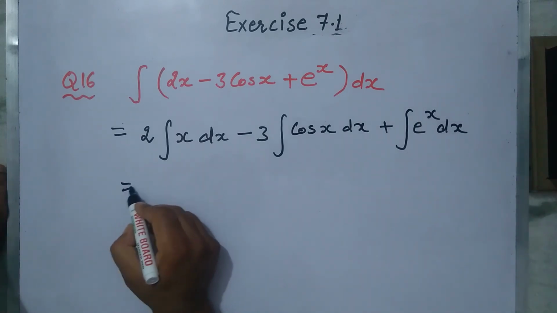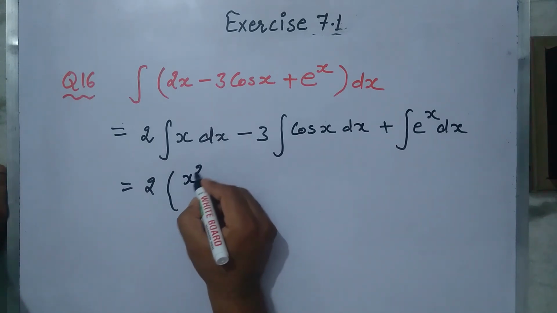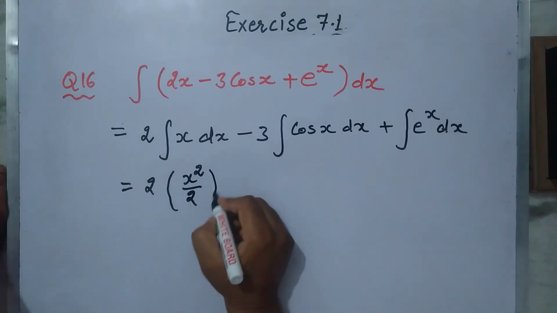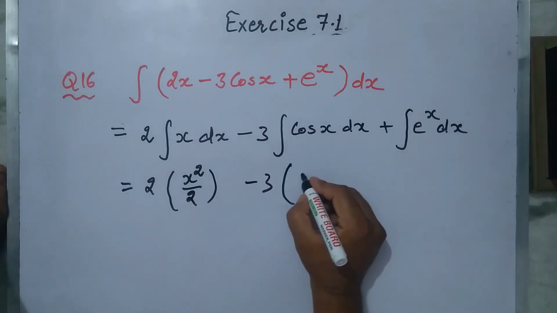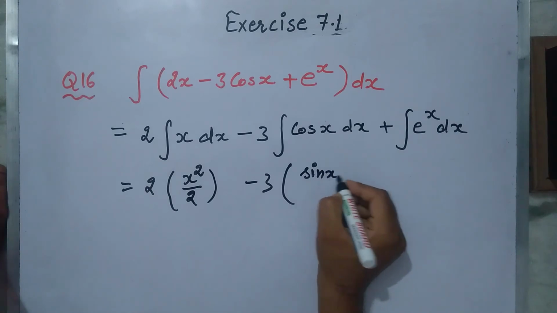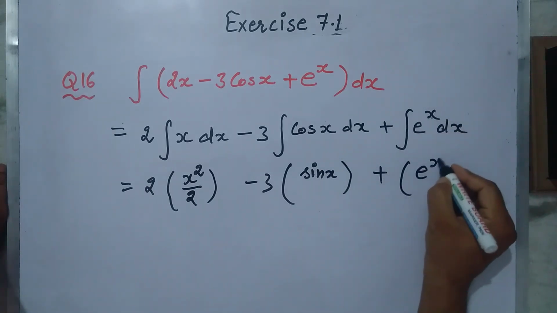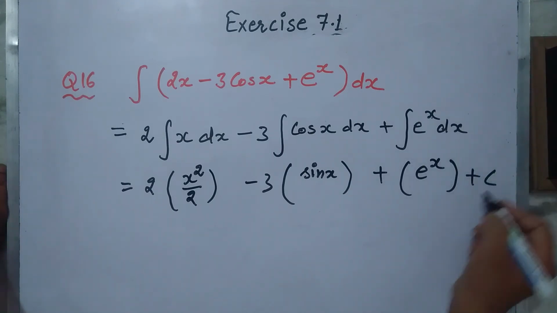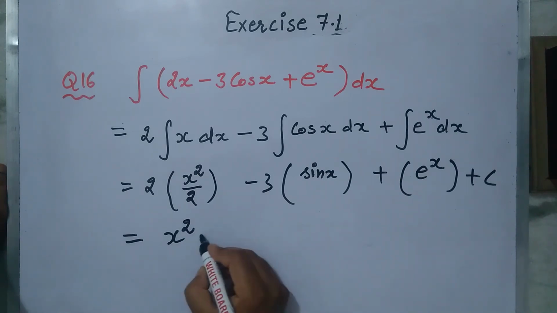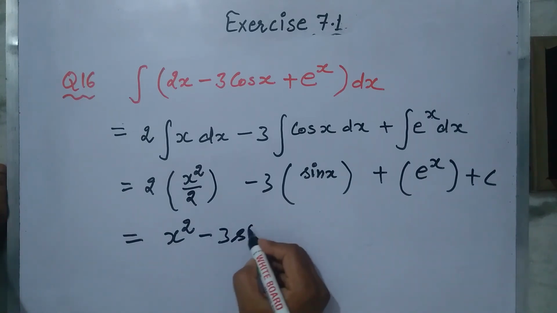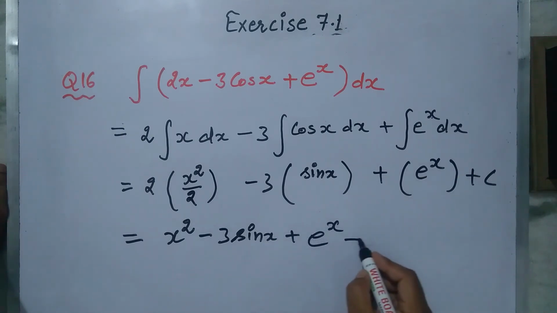So we have 2 integration of x is x power 2 upon 2, minus 3 integration of cos of x is sin of x, plus integration of e power x is e power x plus c. So finally we have x square minus 3 sin x plus e power x plus c.